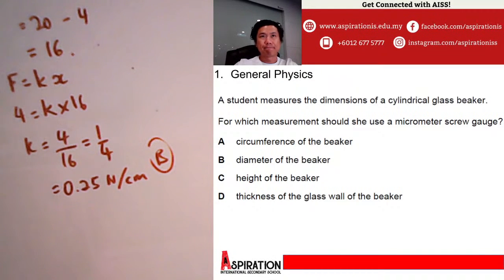Because what is the biggest length that the micrometer screw gauge can measure? Do you all know? Very good. Thank you, guys. I got your answers. Now, can you tell me the maximum length that the micrometer can measure? It's not very important, but it's good to know.